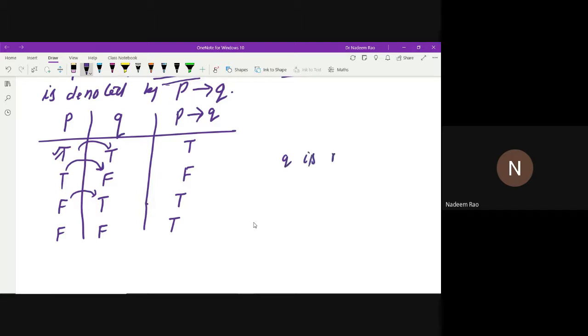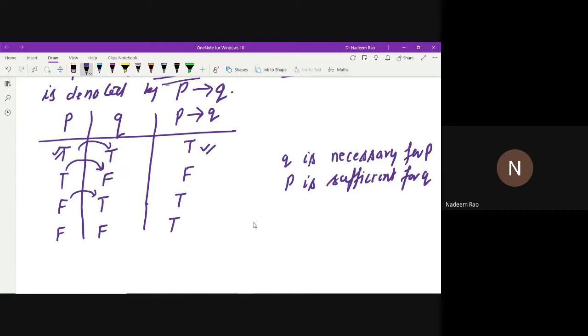Q is necessary for P, and P is sufficient for Q. That is, if P is true, then Q is true. If P is true and Q is true, then it is true.